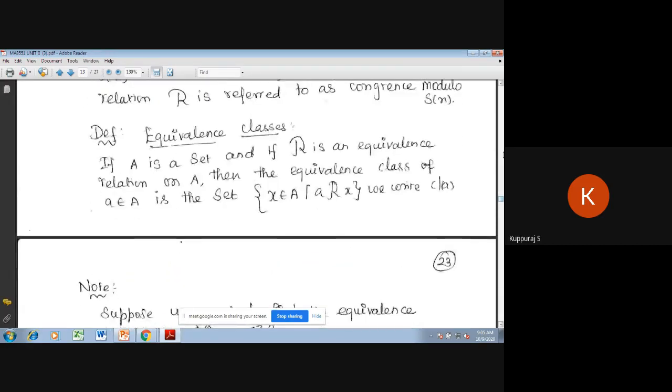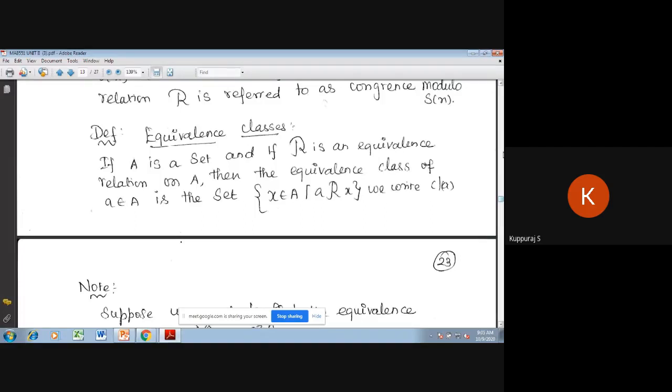Next, equivalence class. Suppose A is a set and R is an equivalence relation on A. Then the equivalence class of a belonging to A is the set of x belonging to A such that a is related to x.